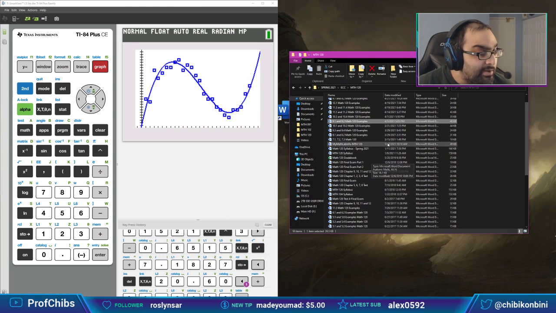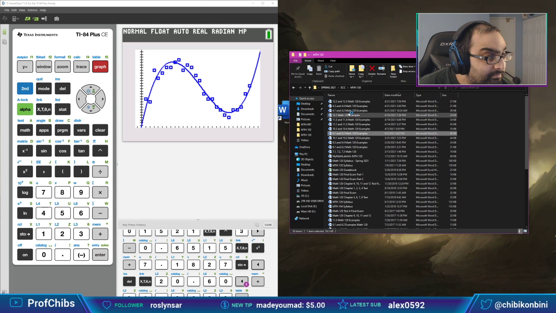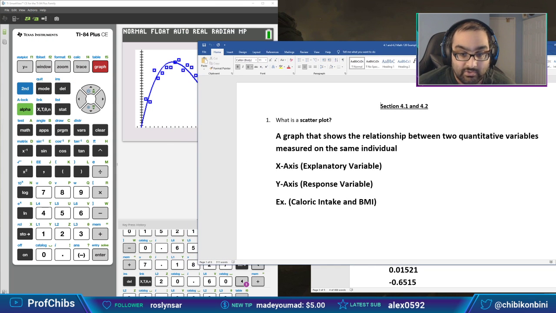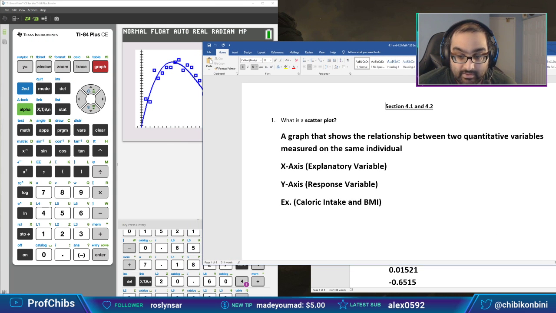Now let me go to chapter 4 here. You only saw the first line. So this is the TI-84 Plus. This is like the calculator you get as an app on your computer.